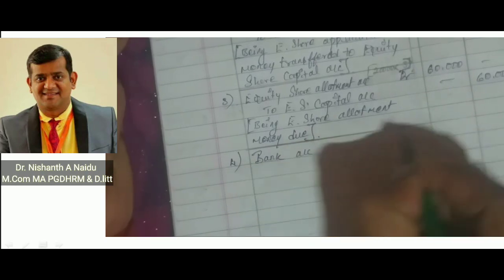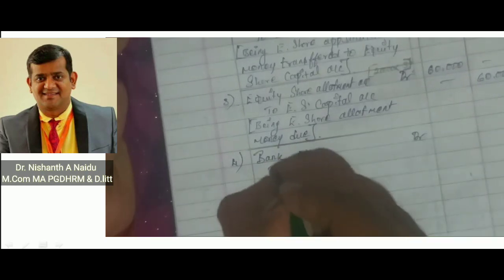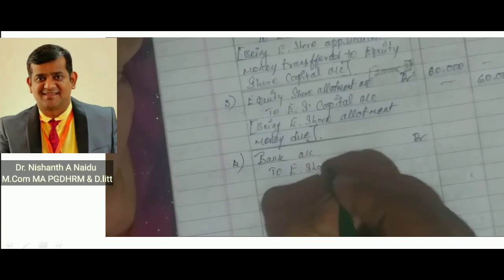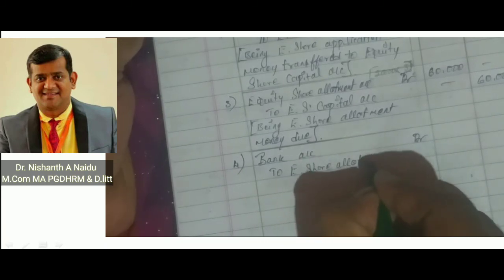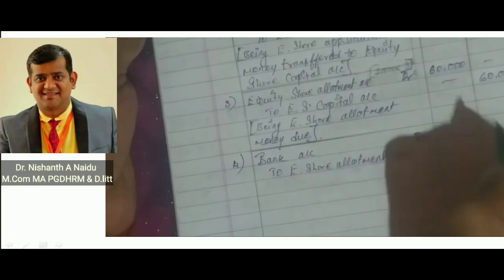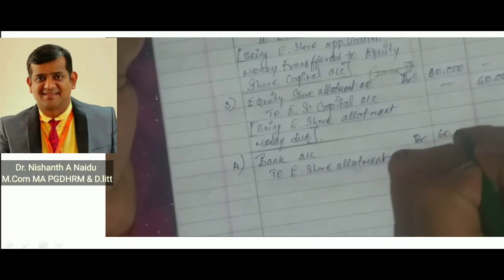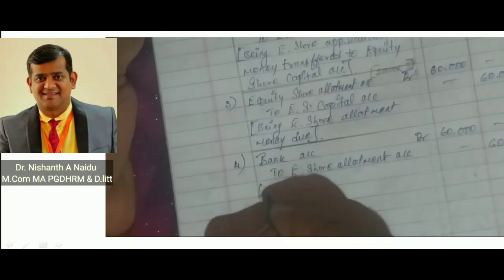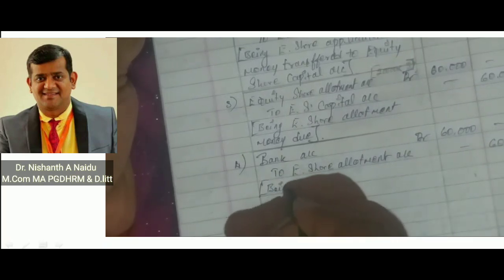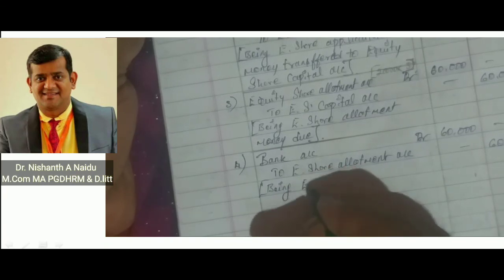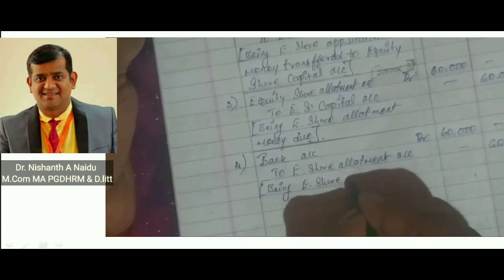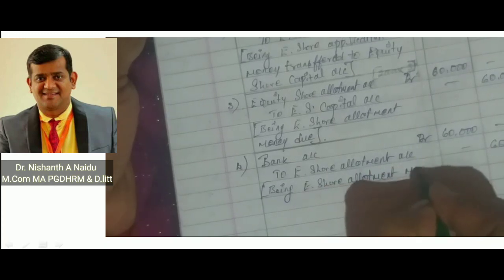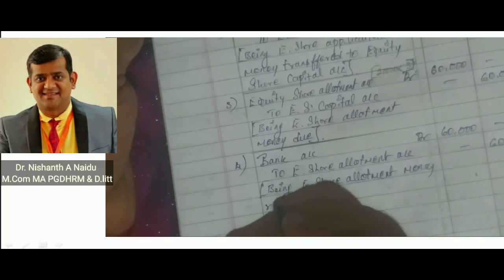So bank account debtor to equity share allotment account. So same, nothing changes. 60,000, 60,000. Being equity share allotment money received.